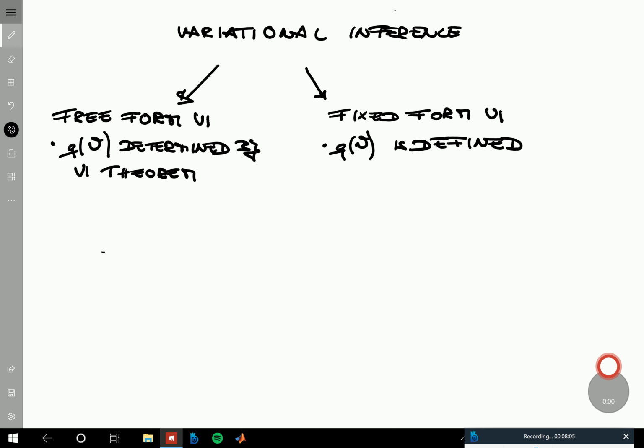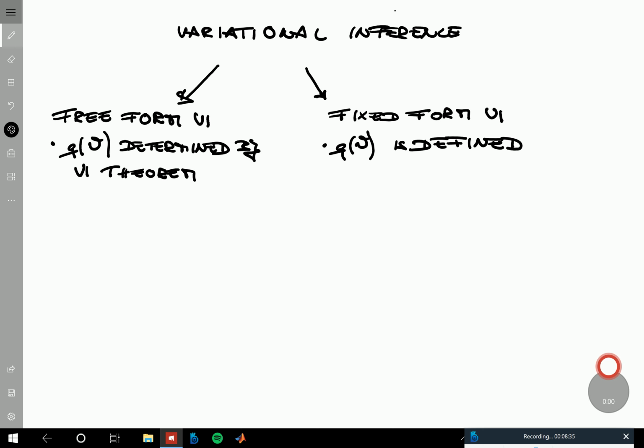For example, it turns out that the approximation to the posterior is a Gaussian, or a gamma distribution, or an exponential distribution, or a t distribution. In fixed form variational inference, you don't let the theorem determine what kind of distribution you have, but from the beginning you say, okay, I assume the variational distribution is Gaussian, and then let's see what happens.